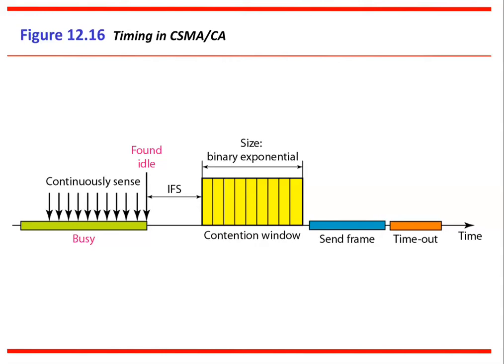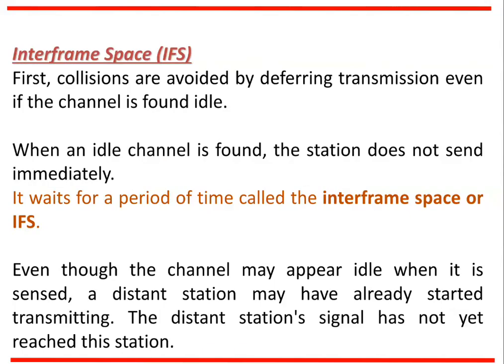So this is the timing diagram where you can see once again the contention window, IFS, that is interframe space, and then sending a frame timeout. We'll come back to these after a few slides.